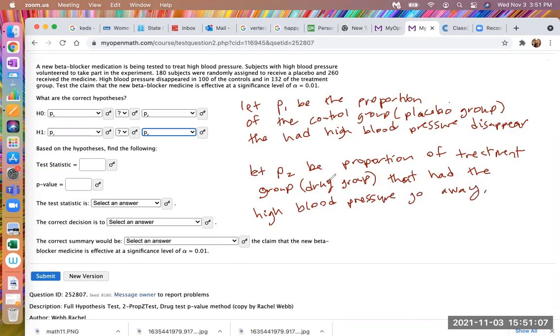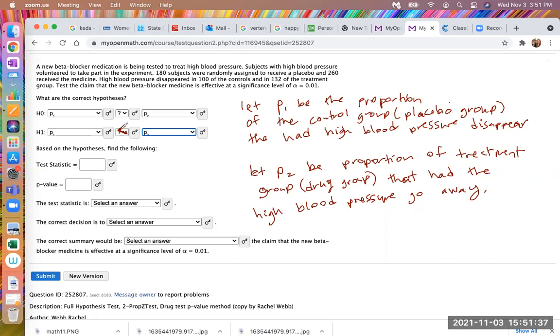Okay, so we clearly define the variables, and because if this drug is effective, then it has a higher proportion of people who had their high blood pressure go away. So I want my alligator's mouth to face toward the proportion of treatment, those being treated with the drug.